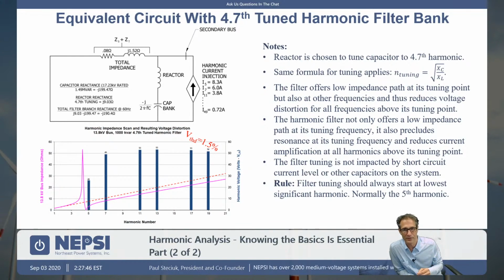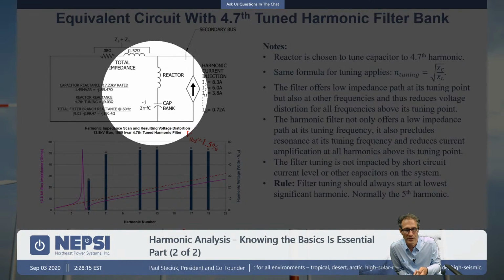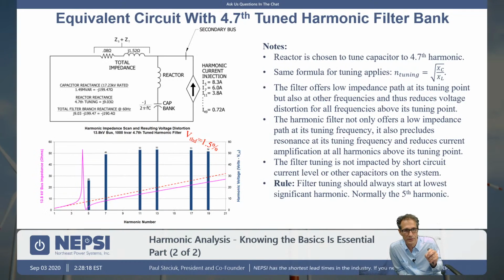So in particular, for typical systems that are just using VFD drives, oftentimes there's a concept that people have, is to put a 4.08 filter in, a 6% reactor, in other words. But do realize a 6% reactor is tuning the capacitor bank to the 4.08 harmonic. The concept there is that the filter impedance at the fifth will be sufficiently high such that no harmonic current will flow into the filter. So a detuned capacitor bank, we're going to call it a detuned cap bank.